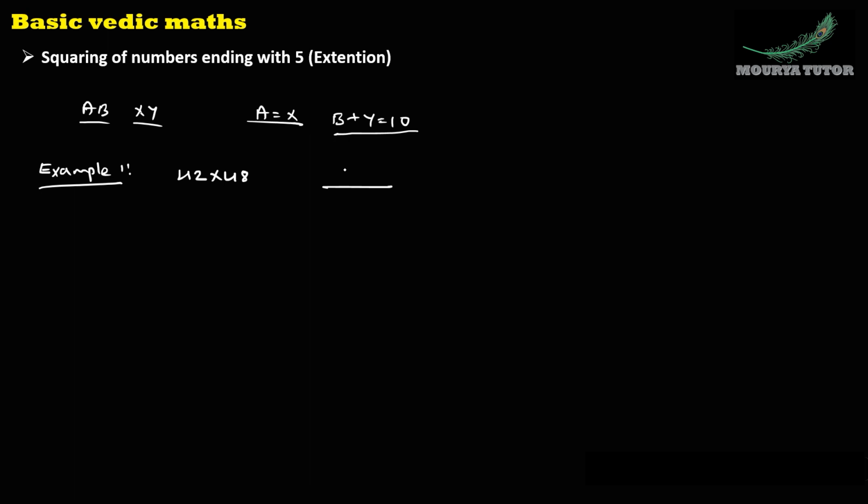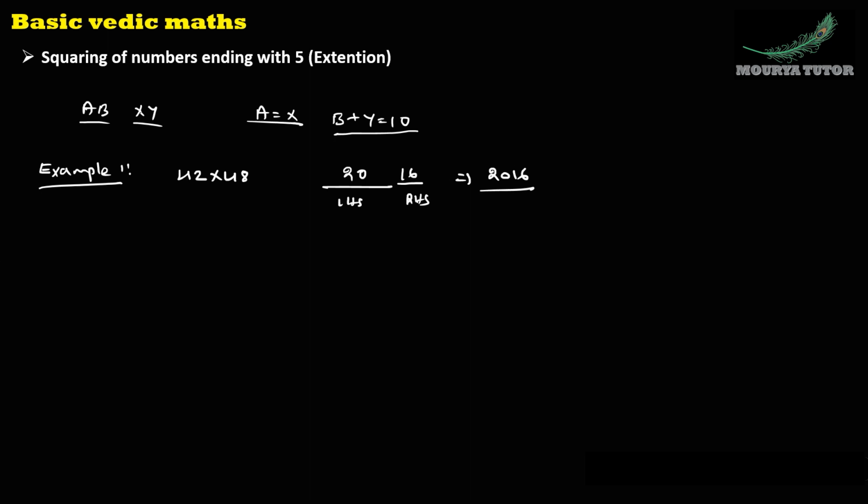So it will be 5, and after that we need to multiply it with 4 also. So it will be 20. 2 into 8, 16. This is your RHS, right? So the final answer will be 2016. 2016, right?